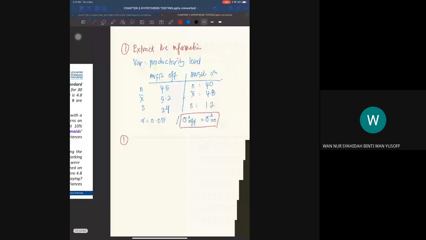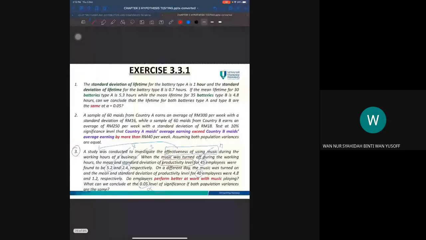Okay, your hypothesis from this statement: do the employees perform better at work with the music playing? Before we formulate, the first thing that you have to identify is the parameter that we need to use in that hypothesis.